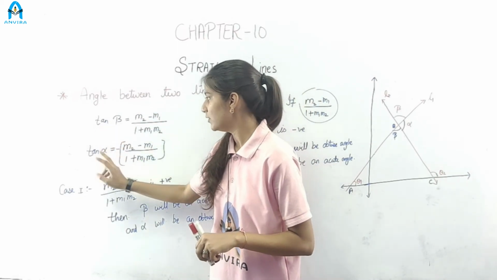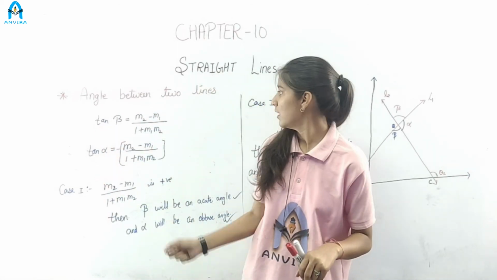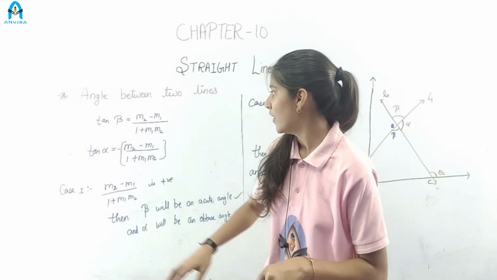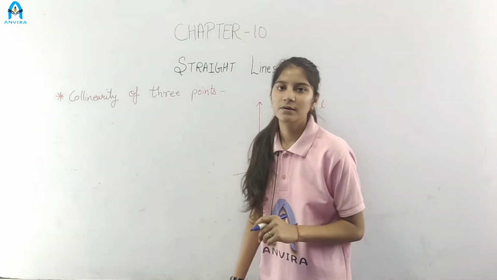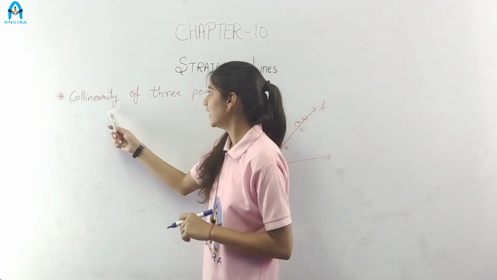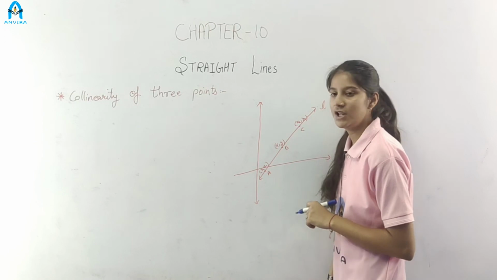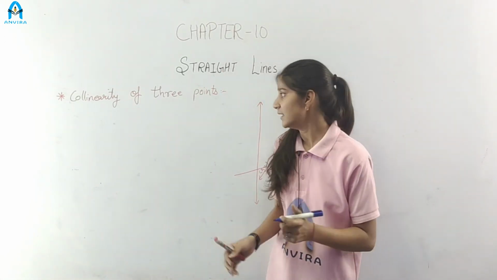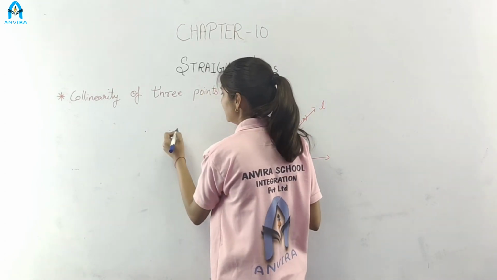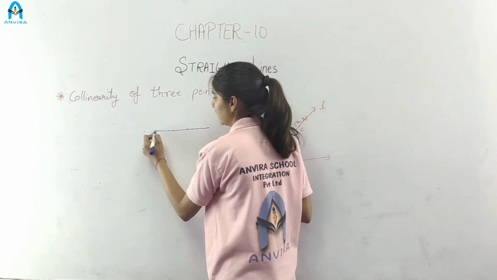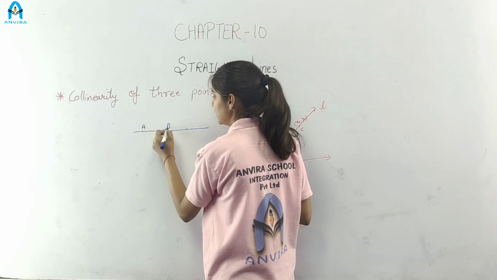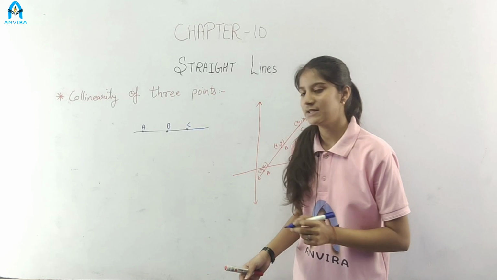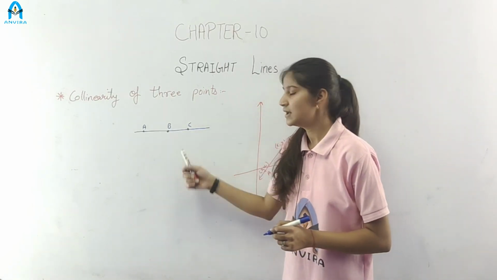Since we get the values of tan alpha and tan beta, we can also find the values of alpha and beta. Now next we will find out the collinearity of 3 points. Collinearity means that if A, B, C are the 3 points and they are collinear, they belong to a single line.